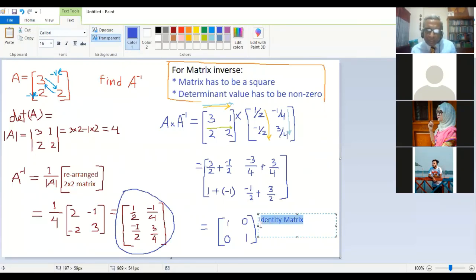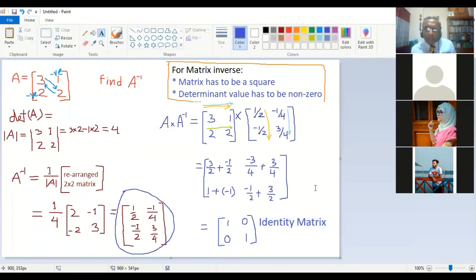An identity matrix is a square matrix, meaning it has the same number of rows and columns, and only the major diagonal items will be all 1, and the other numbers will be 0. This is the identity matrix.